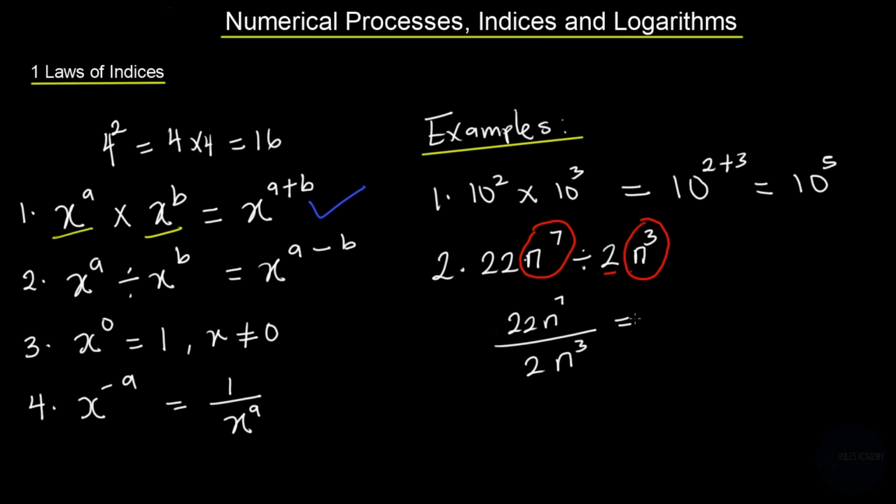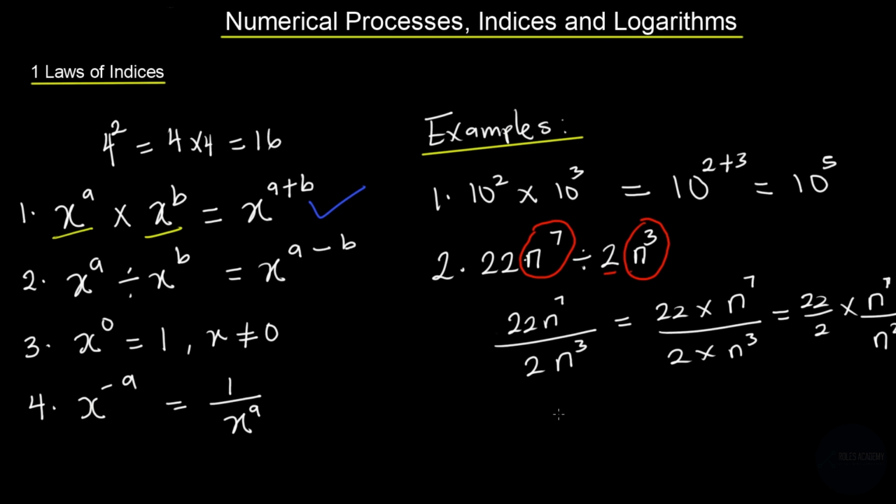This is also the same as saying 22 times n to the power of 7 over 2 times n to the power of 3. And this is also the same as saying 22 over 2 multiplied by n to the power of 7 divided by n to the power of 3. So we now have 22 and 2 standing alone and n standing alone also. So we can simplify this further.